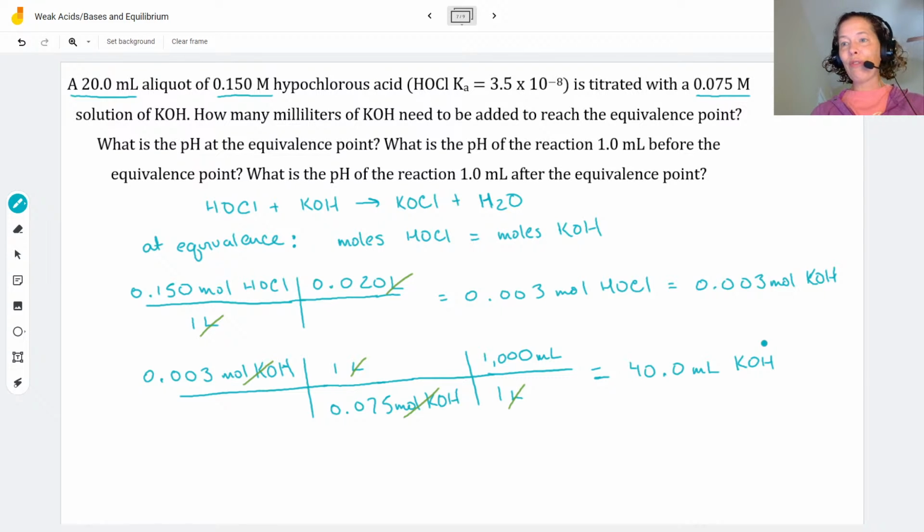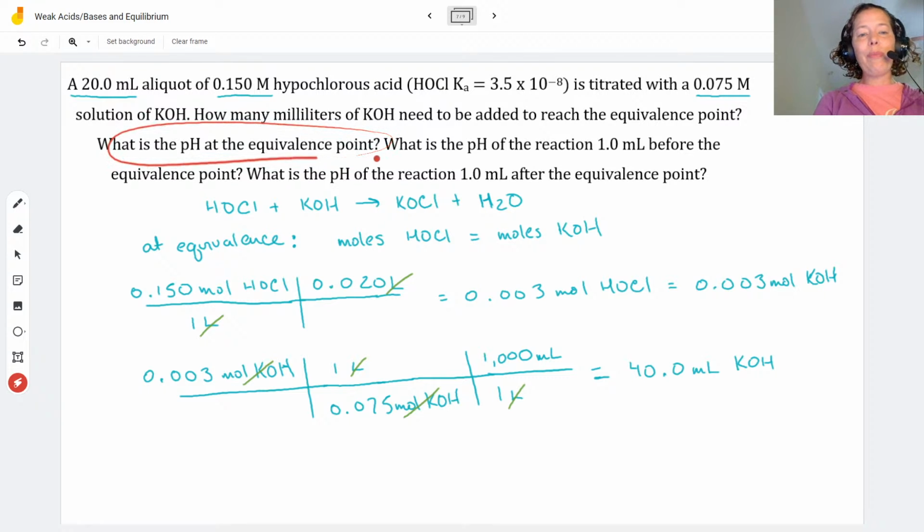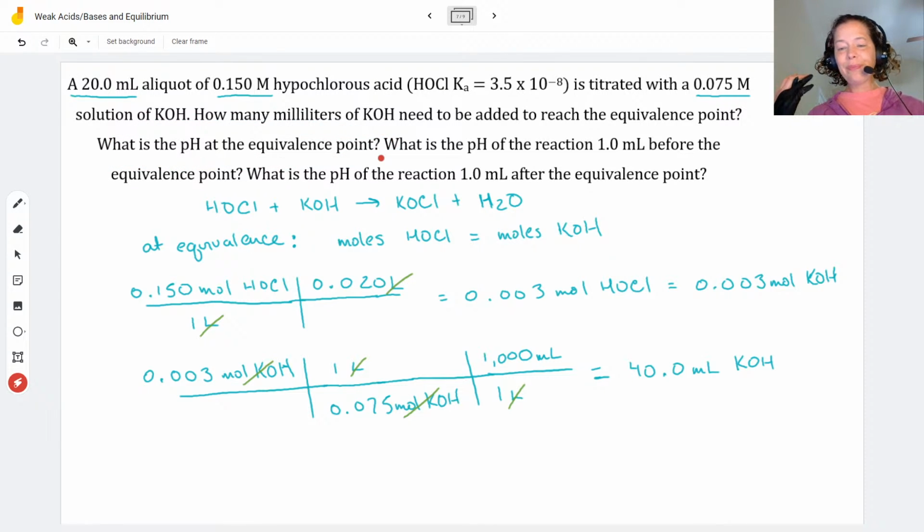Okay, so that is the first part of the question done, but I am not done with the equivalence point because I need to say what is the pH at the equivalence point. Now, if this was a strong acid and a strong base, that would be very easy because at that point you just have a salt with no acid-base properties in water, and your pH is 7 because your pH is dominated by water. But that is not the case for this situation because I have a weak acid in solution.